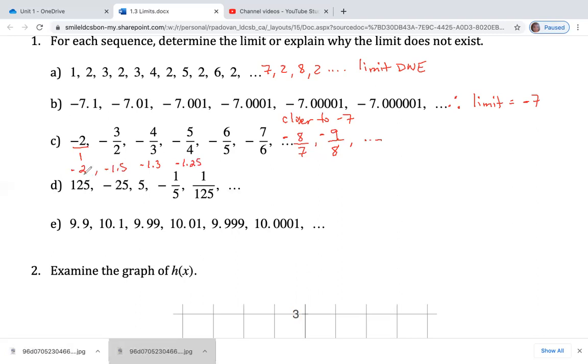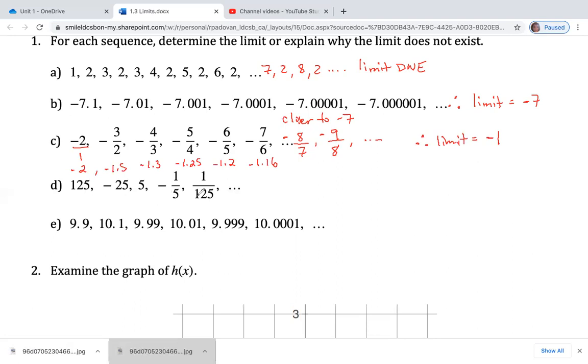I'm getting away from negative 2, negative 1.5, negative 1.3, negative 1.25, negative 1.2. Negative 7 divided by 6 is negative 1.16. I'm actually getting closer and closer to the value of negative 1, right? If I continue on, so therefore, my limit is equal to negative 1.